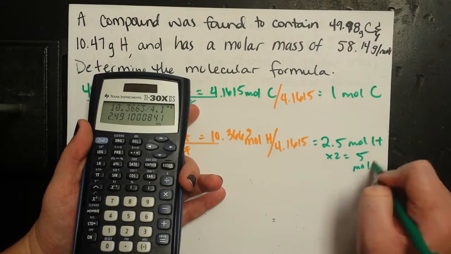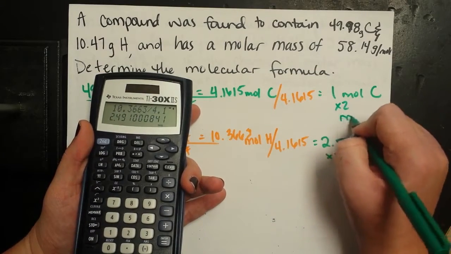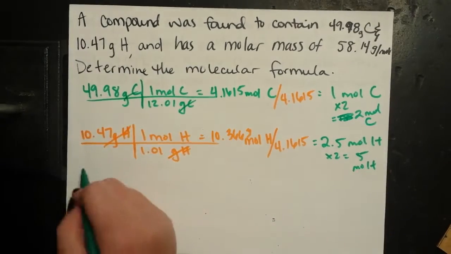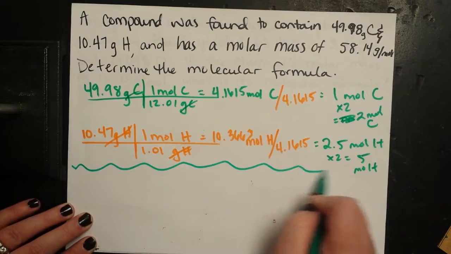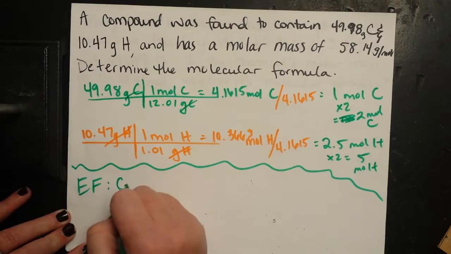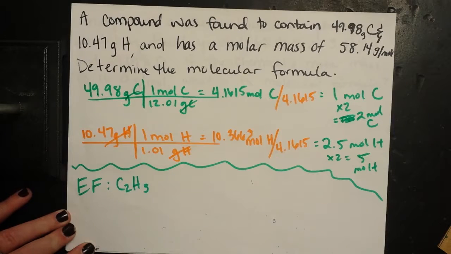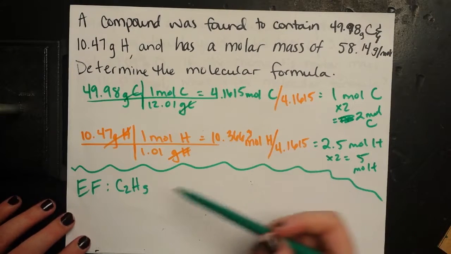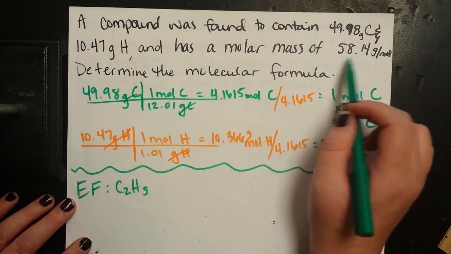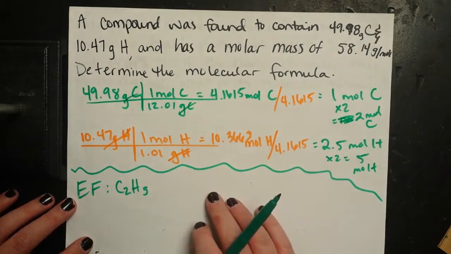So there's 5 moles of hydrogen for every 2 moles of carbon. So my empirical formula is going to be C2H5.